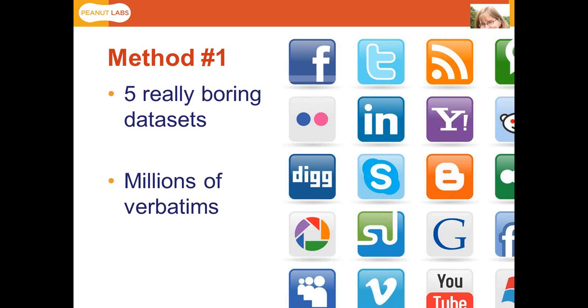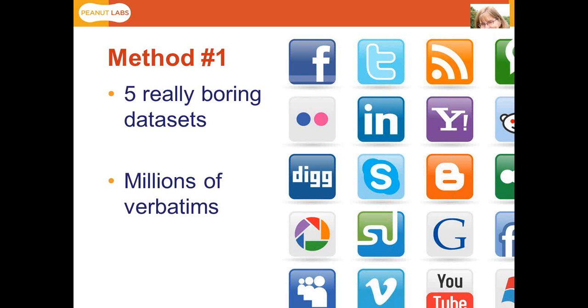So we gathered 1 million verbatims that use the word the, and another 1 million verbatims using the word that. This way we could make sure that we weren't collecting verbatims that were gender or age dependent. These data sets would be purely grammatical and demographically unbiased. So this data would tell us what people actually write online.